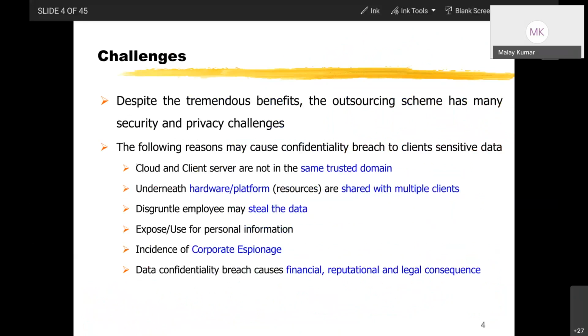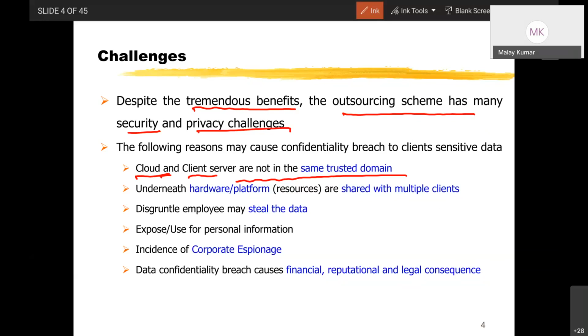However, despite the tremendous benefit from this paradigm, means from the outsourcing of computation and data, the outsourcing scheme has many privacy and security challenges. Okay, so the first security challenge is the cloud and the client are not in the same trusted domain.